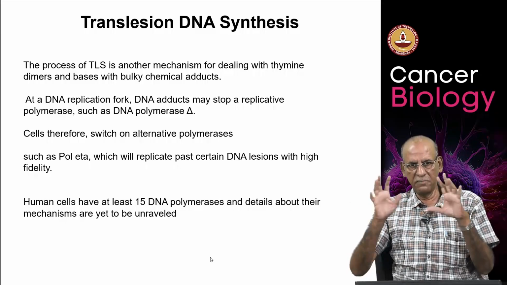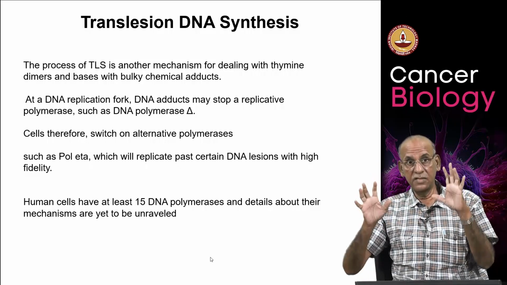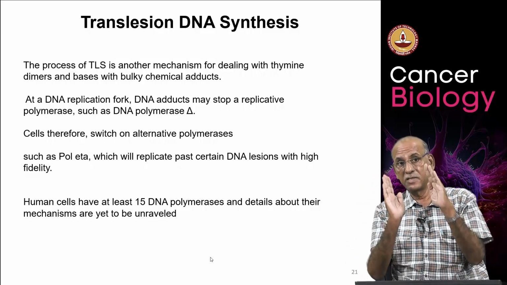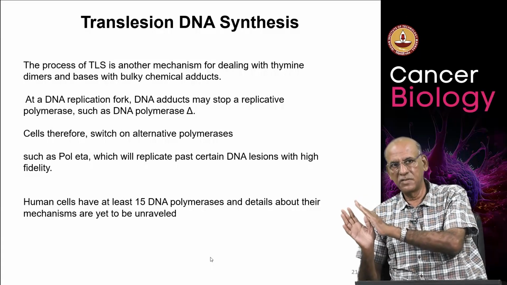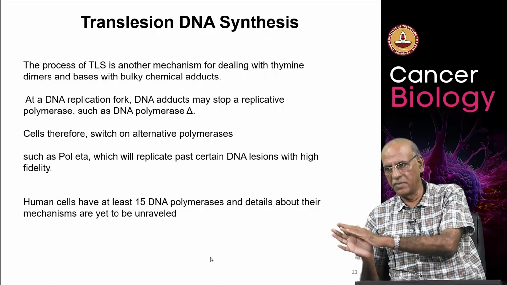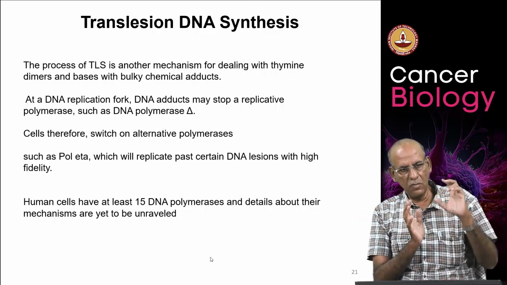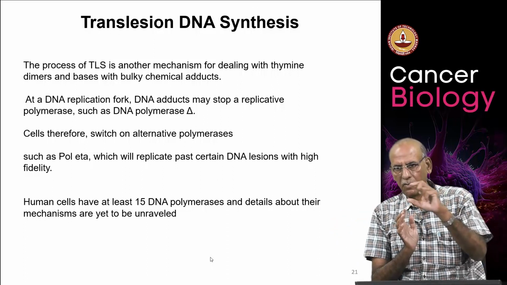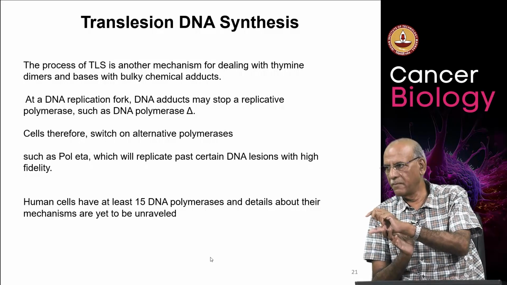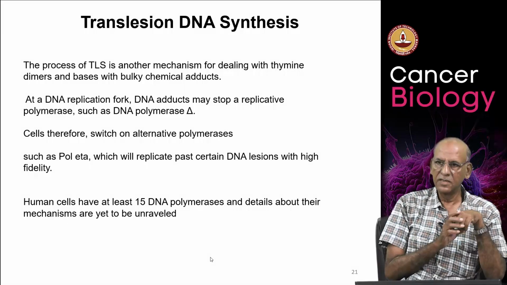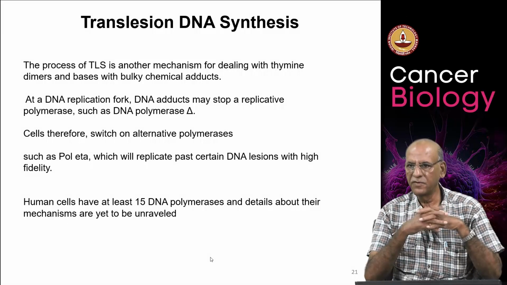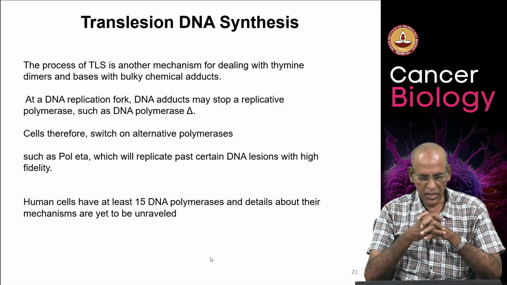You divide this chapter like that: you understand what are the mechanisms that deal with single strand break, what are the mechanisms that deal with double strand break. You also study what causes single strand break, what causes double strand break. If you try to read these slides like that, then it will be very easy for you to remember. Now, what is this mechanism?